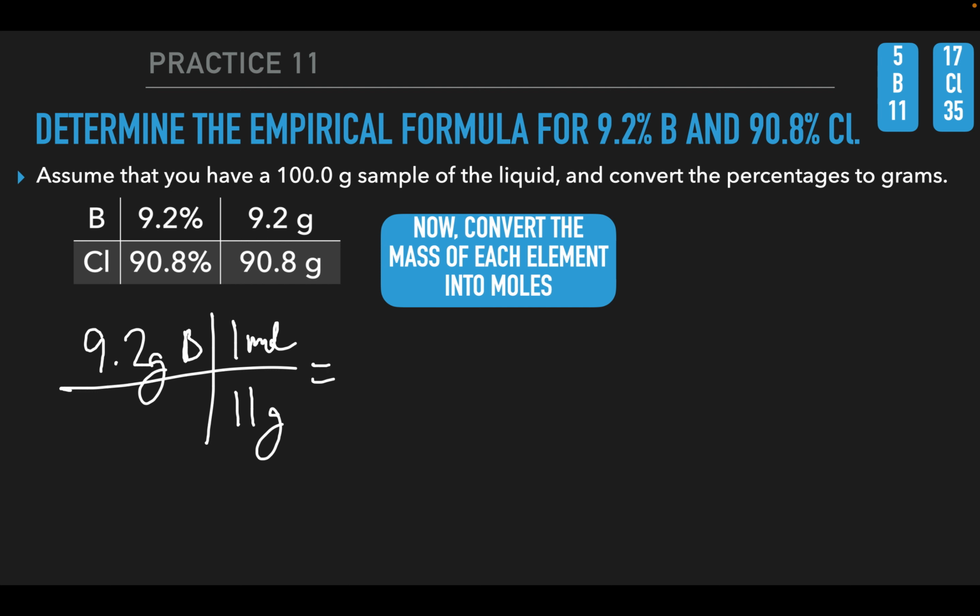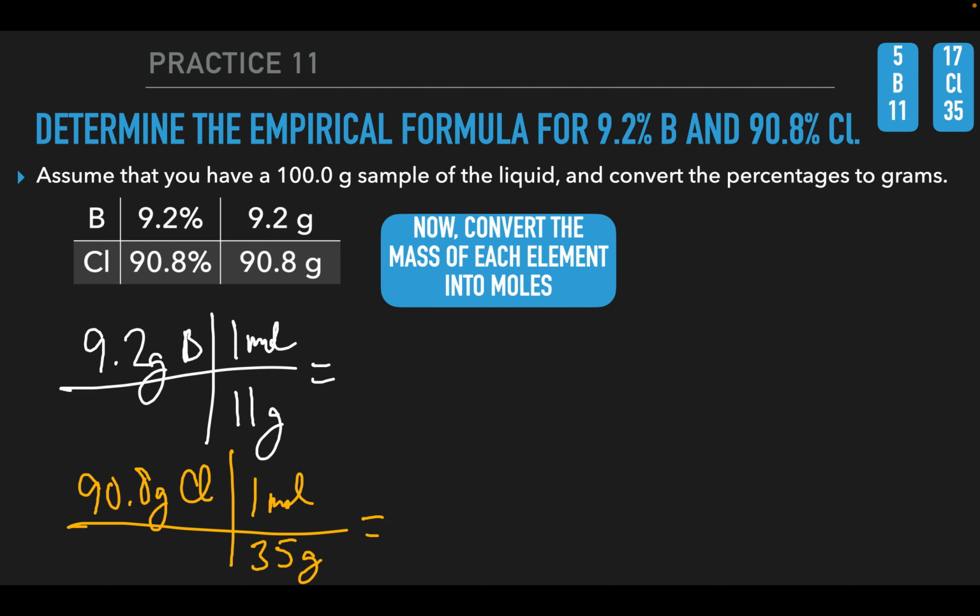And 9.2 divided by 11, I'm guessing it's like 0.8 something. I'll figure it out in a minute. Anyway, now I have 90.8 grams of chlorine. According to the periodic table, I know that chlorine is 35 grams per mole. 90.8 divided by 35.